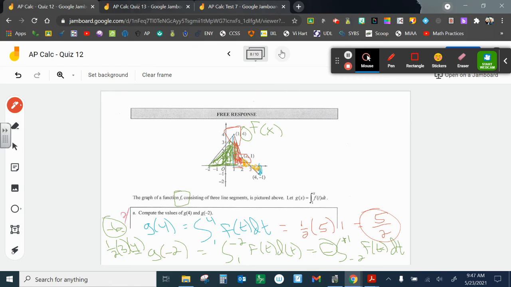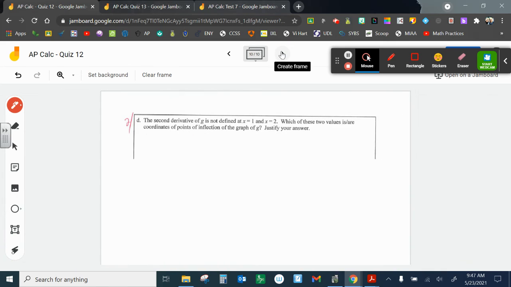Let's take a look at that. So my only relative max here on g on the interval from -2 to 4 is going to be at x equals 3.